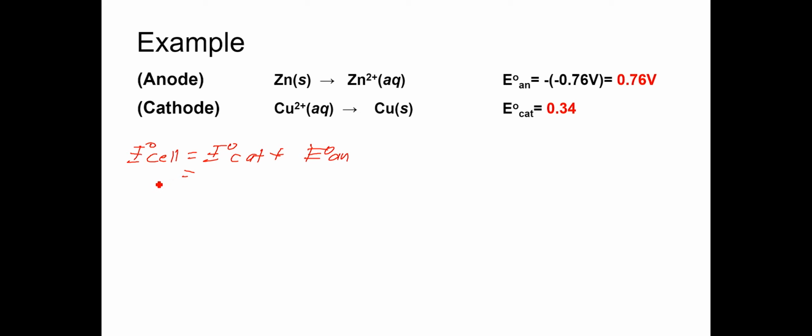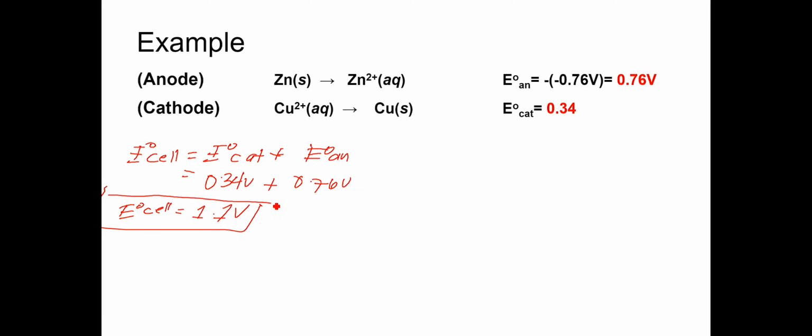Okay. So, ang E naught ng cathode natin ay 0.34 volts plus 0.76 volts. That is 1.1 volts. Yun ang E naught ng cell.